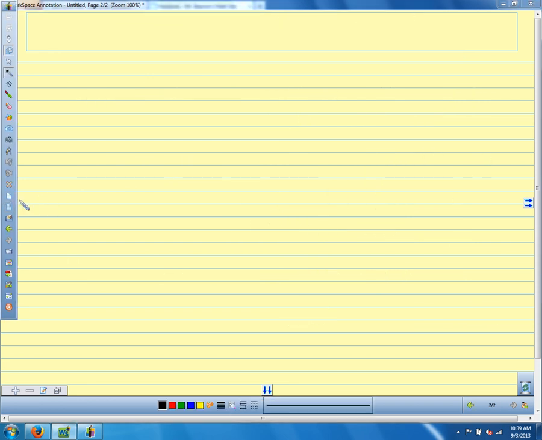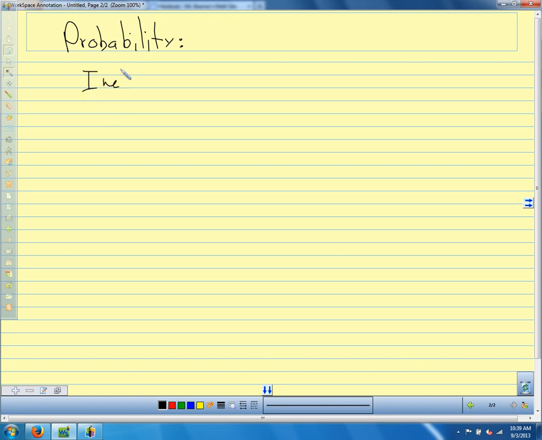So let's find out how we calculate the probabilities of independent events. Everybody good on what we mean by independent and dependent? Pretty much like they sound. To find the probability of independent events, we usually say that as an AND probability.